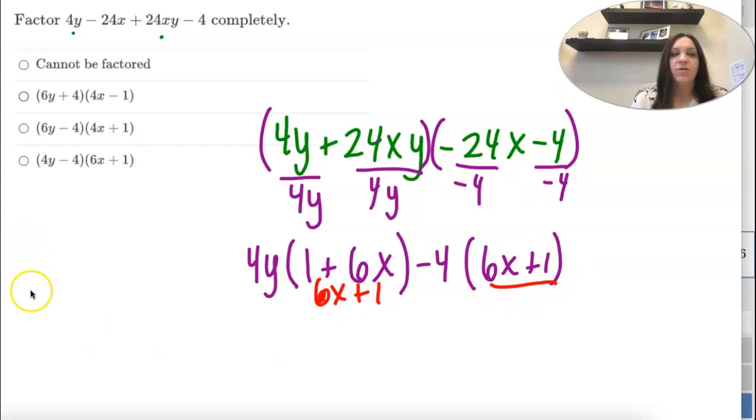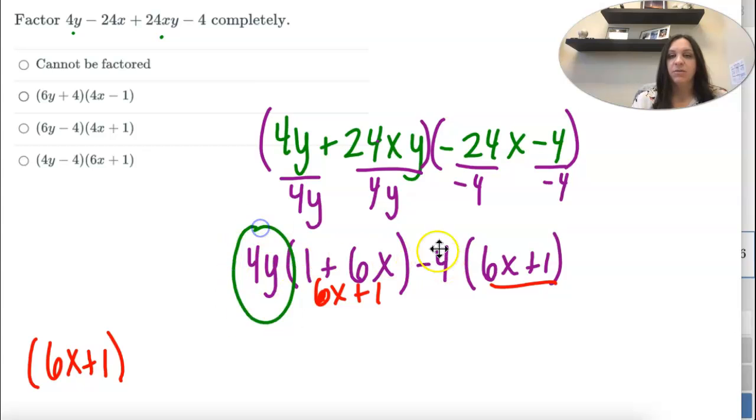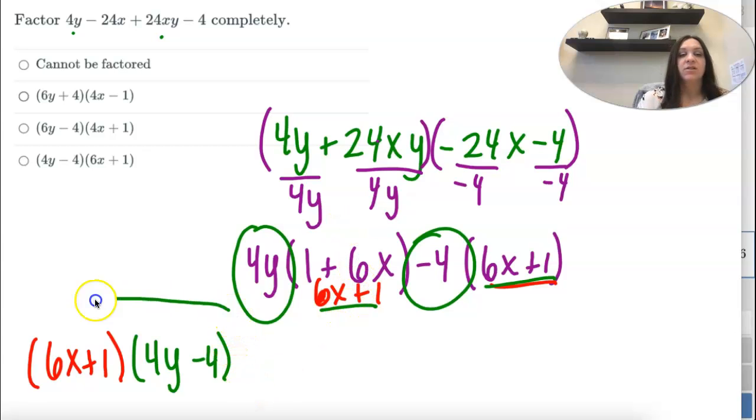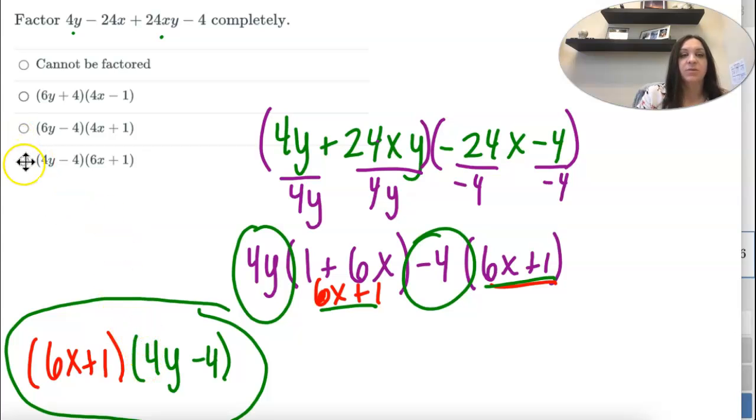So factored form will be 6x plus 1, and then the other factor is what we took out, 4y minus 4. So I redid this because I need these two to be the same. On the first time they were not the same, that means that that was not the factor. So this is our factored form, 6x plus 1, 4y minus 4.